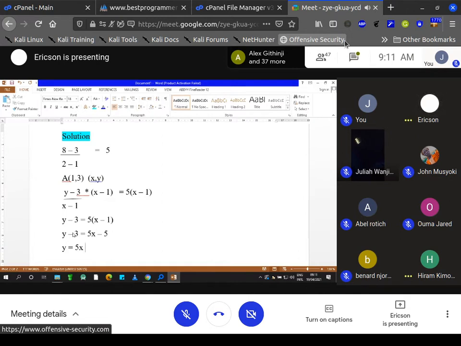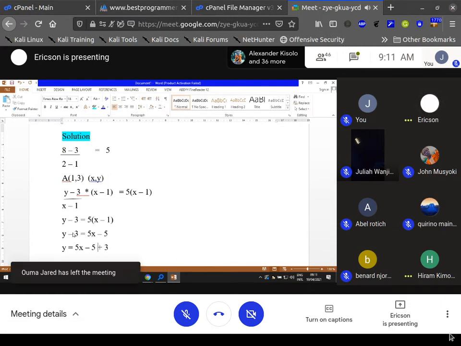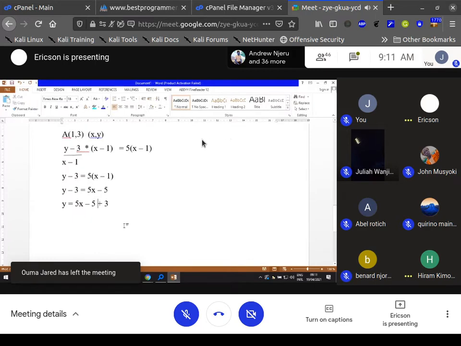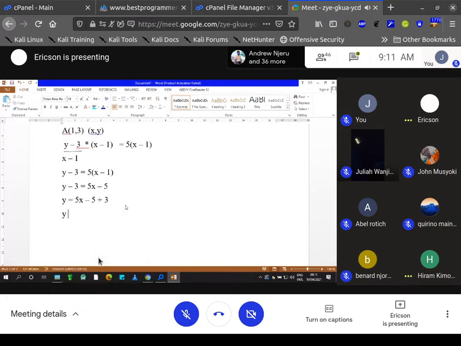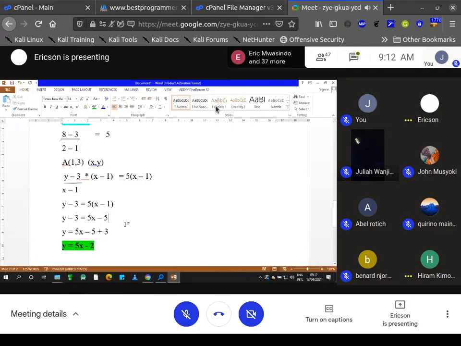So y equals 5x minus 5 plus 3, which is 5x minus 2. This is your answer. So that is how you do it.